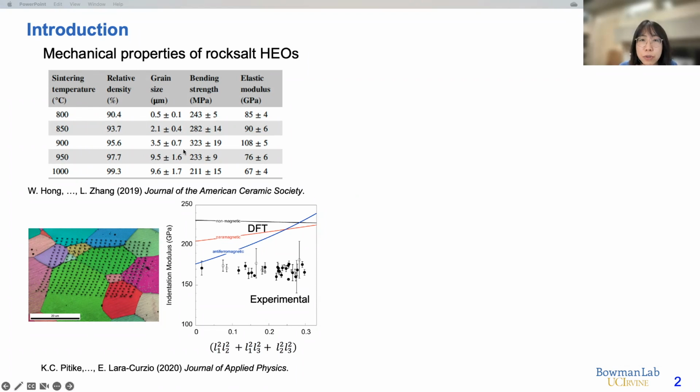Also, through indentation experiments as well as modeling, Pitike and colleagues established that high entropy oxides exhibit isotropic elastic behavior, and their modeling calculations predicted that this material has the potential for some meaningful plastic deformation. However, their studies didn't show the actual deformation mechanisms of this high entropy oxide, and this is still largely unknown in the literature.